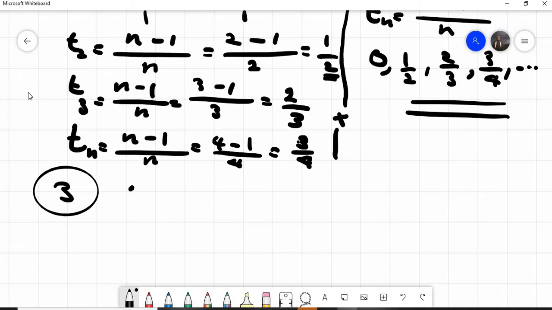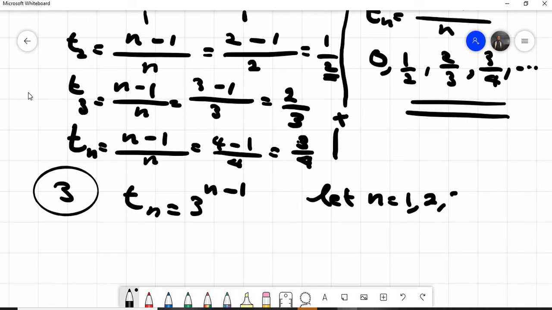They give us Tn is 3 power n minus 1, like that. So still we're going to say let n equal 1, 2, 3, and so on.